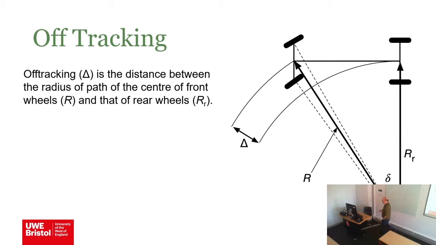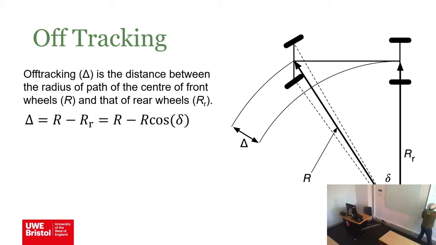Now, if you were to do some sums and some trigonometry, delta, this distance here, is going to be the difference between my radius of the front wheels and the radius of the back wheels. Now, the radius of the front wheels is R, so we go on here. This value we can actually work out based upon this one. This is an angle, we've got an adjacent, so it's cosine times the hypotenuse, because R cosine delta will give us an r.